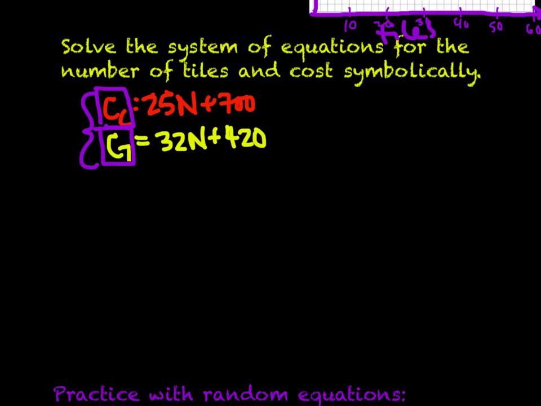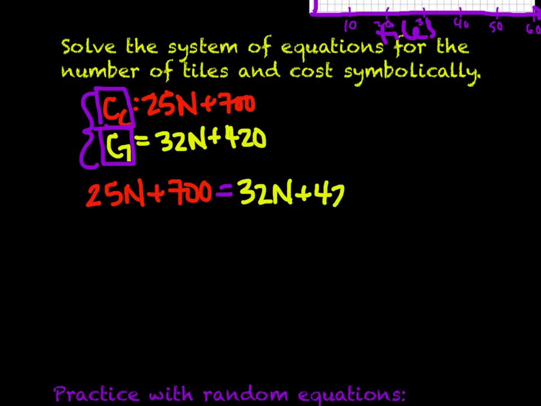So that means I can actually say that instead of writing 25n plus 700 equals c sub c, I'm just going to make this equal to 32n plus 420.